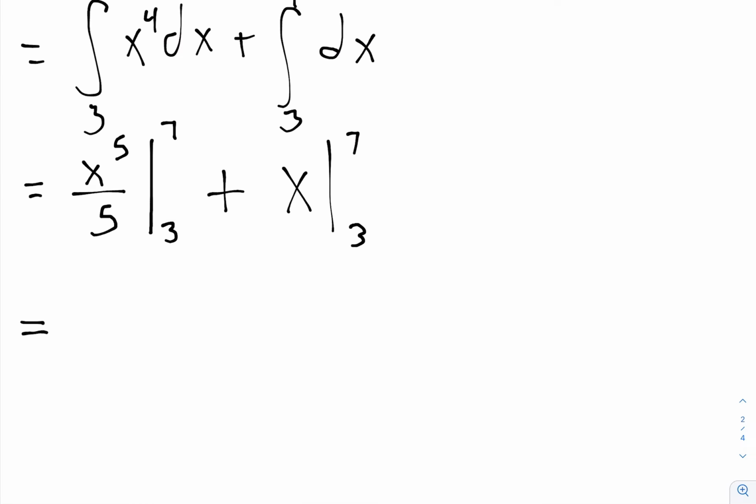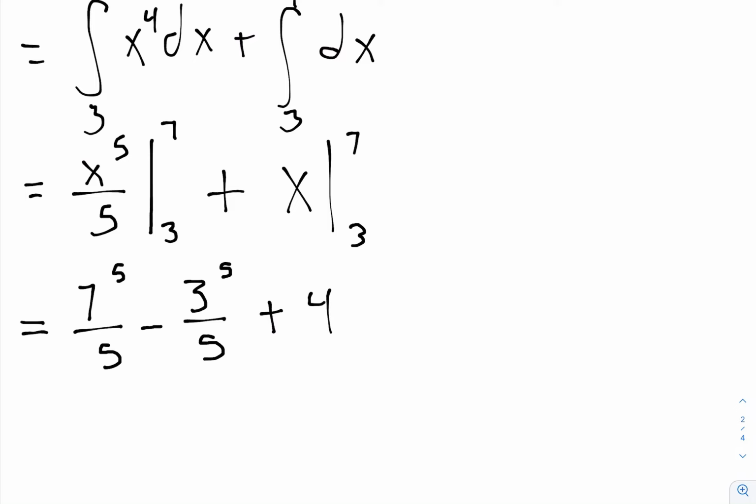So if we actually plug in these values, we're going to get 7 to the power of 5 over 5 minus 3 to the power of 5 over 5. Okay, and then we're going to be adding, well, this is just going to be plus 7 minus 3, because we're just substituting in 7 and 3. And instead of 7 minus 3, I'm just going to put 4, so it's going to be plus 4.